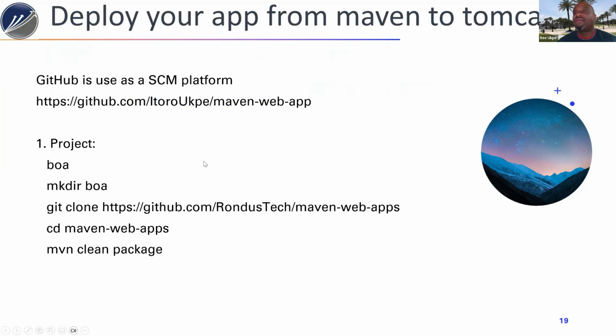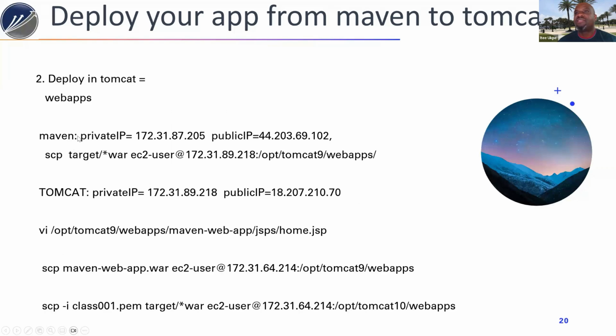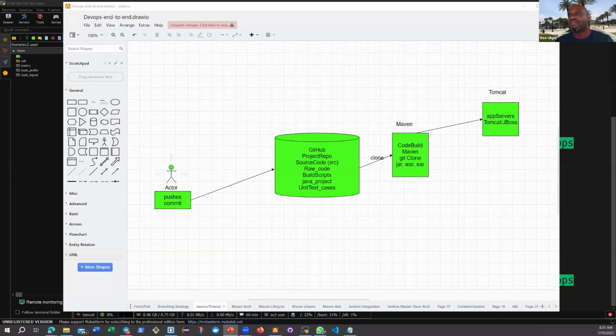Well, we get that. I think I have it here, the project building, using Maven to build the application. And this is what we're going to do, right? But before we do that, let me go back here and explain something to you. So what happens is this instance and this instance, right? They're in the same network.